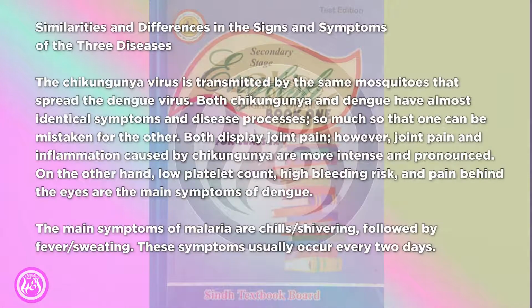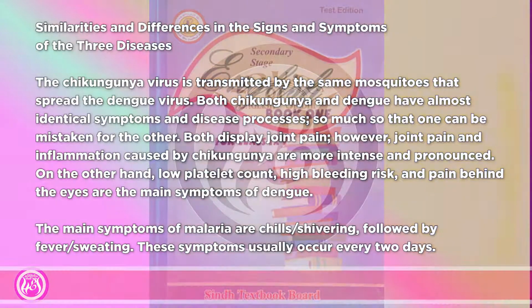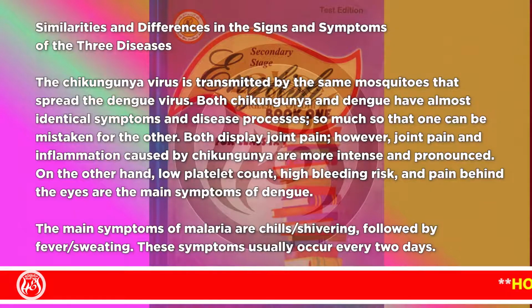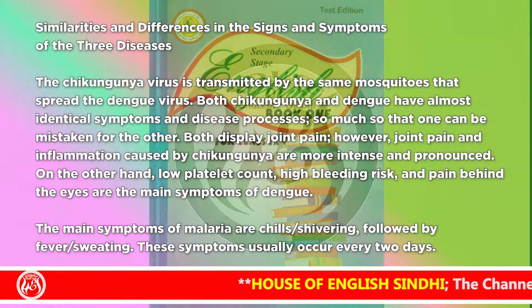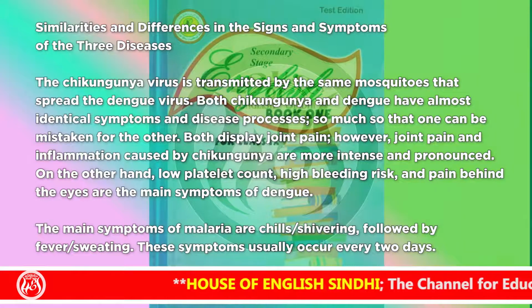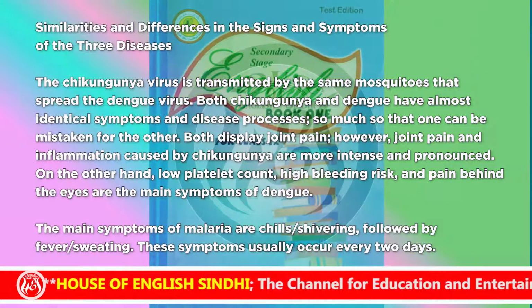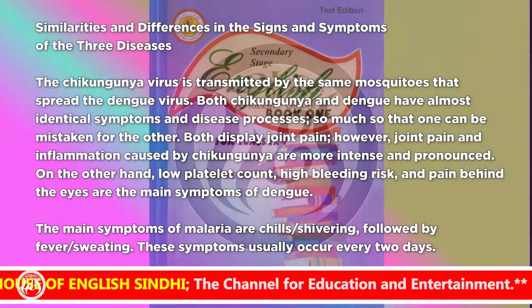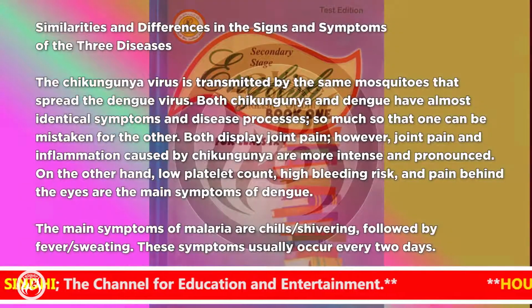Similarities and differences in the signs and symptoms of the three diseases. The chikungunya virus is transmitted by the same mosquitoes that spread the dengue virus. Both chikungunya and dengue have almost identical symptoms and disease processes, so much so that one can be mistaken for the other. Both display joint pain.